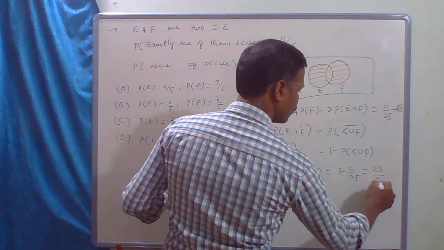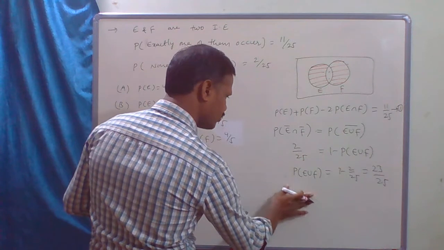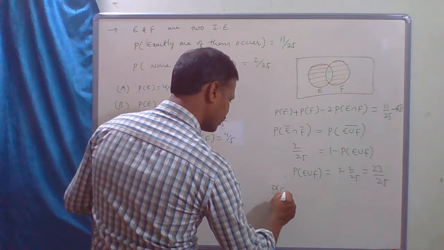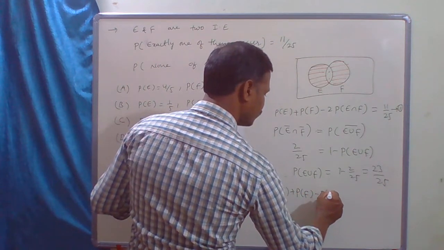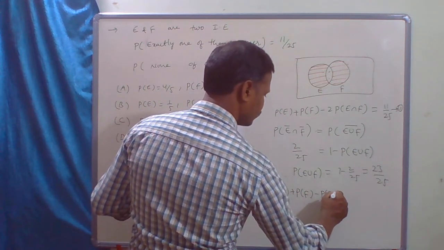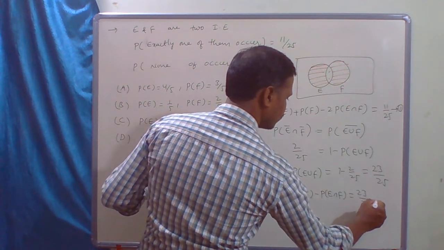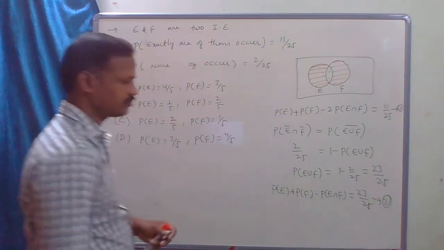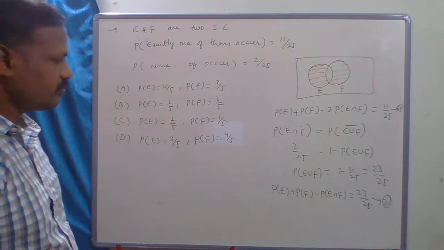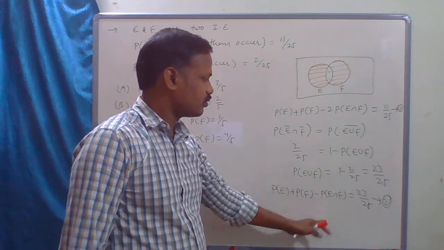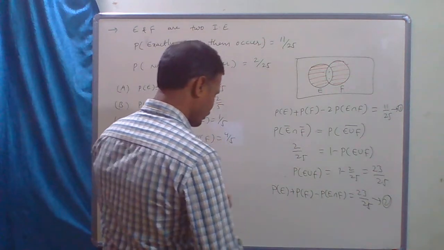Now what is probability of E union F? The probability of E union F equals probability of E plus probability of F minus probability of E intersection F, equal to 23 by 25. So this is equation number 2. And now by solving these two, from 1 and 2, do 1 minus 2.